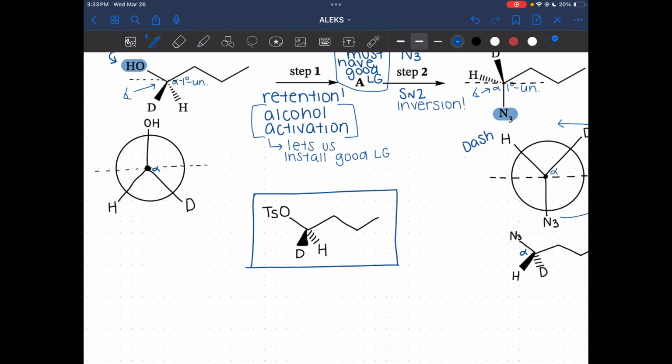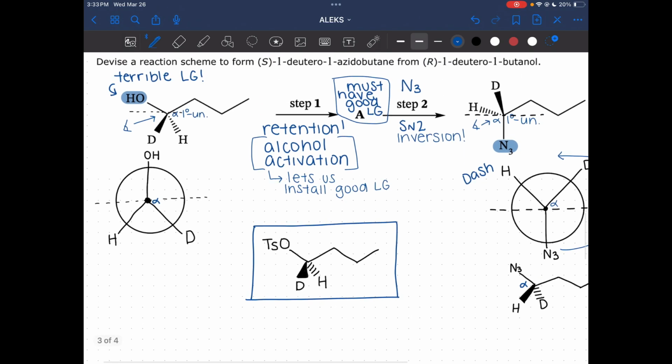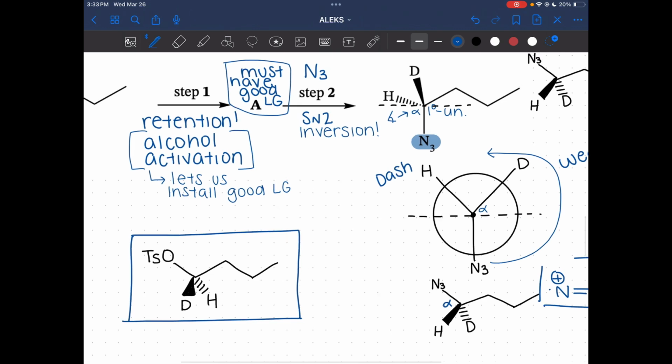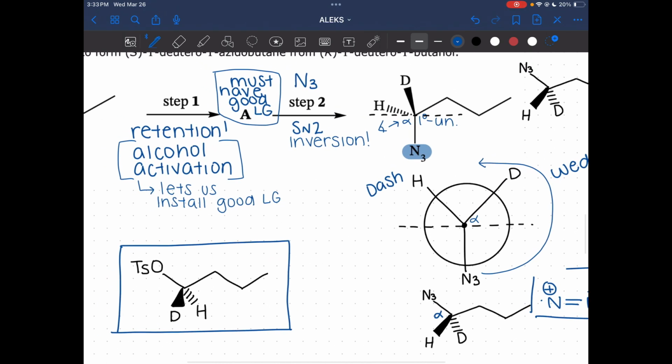And then all of that I was saying before about how we know it's going to be only one inversion, we kind of see it come together here now. If I invert this stereocenter here at this alpha carbon, I will end up exactly with this right here, the H and deuterium switched. And of course, that's what we know we need.